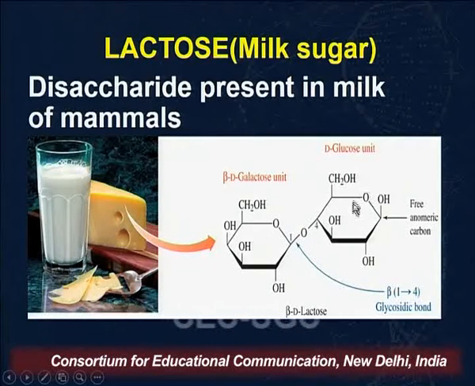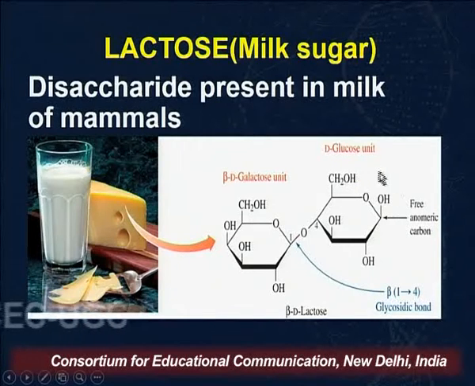Now we also call this molecule beta D-lactose. Why are we calling this beta D-lactose? Not because the linkage here is beta. It is because the orientation of OH at the anomeric carbon, that is at the hemiacetal carbon, is on the top. That is, CH2OH and OH are on the same side.